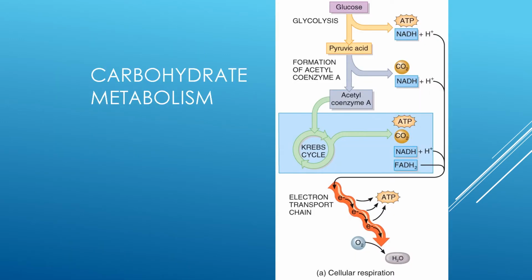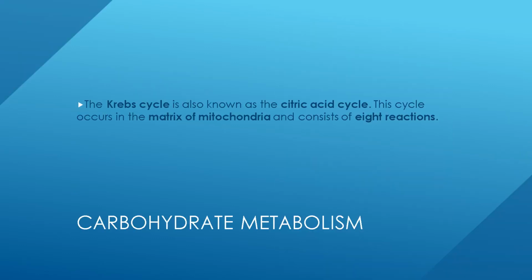Now, once pyruvic acid has been converted into acetyl coenzyme A, it is ready to enter into the Krebs cycle. The Krebs cycle is named for the biochemist Hans Krebs, who first described these reactions, but it's also known as the citric acid cycle.